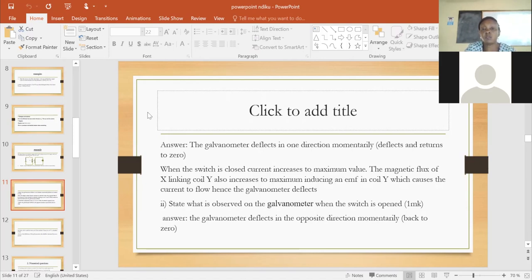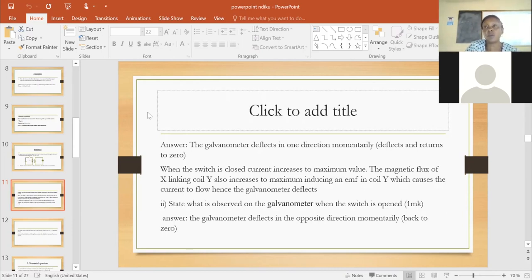For a question like this one, the first thing which the examiner will do is to check whether the observation is correct. The observation can come at the beginning, or it can even come at the end. You can explain, and at the end say the galvanometer goes back to 0.